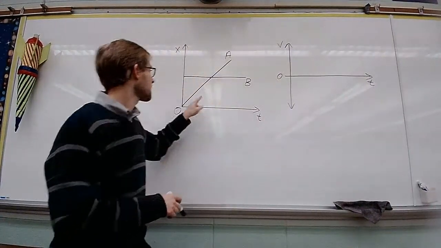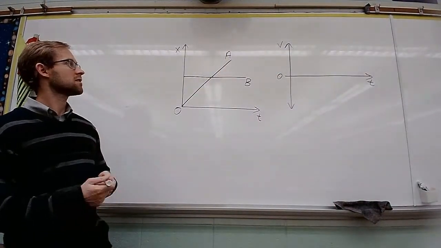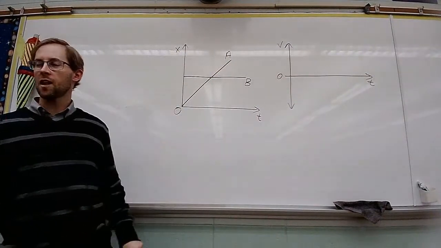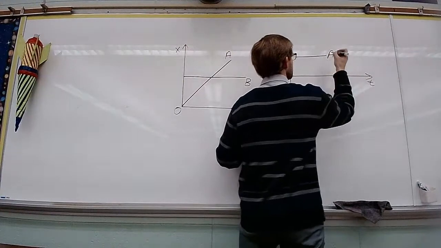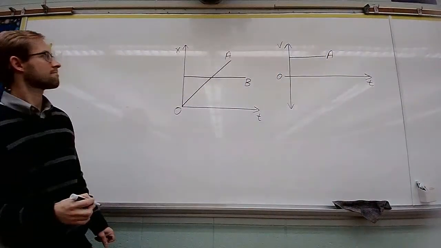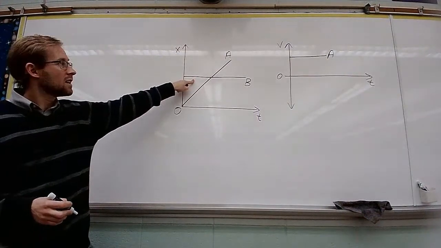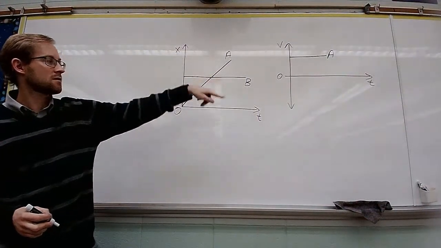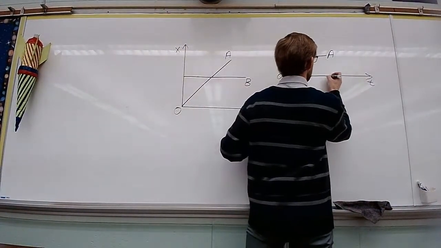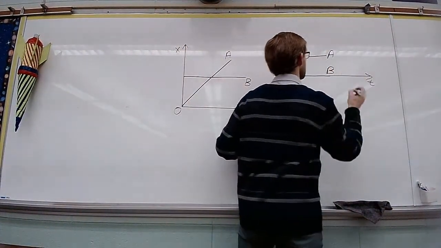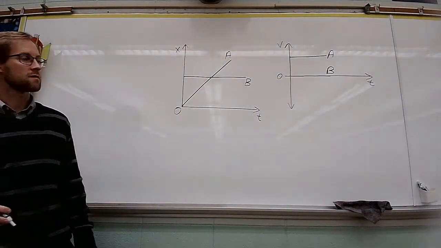So you can see object A has a constant positive slope, so that means on the velocity time graph, object A would be up here. Object B has a slope of 0, so it will be 0 on the velocity time graph. And that's what your answer would be for the velocity time graph.